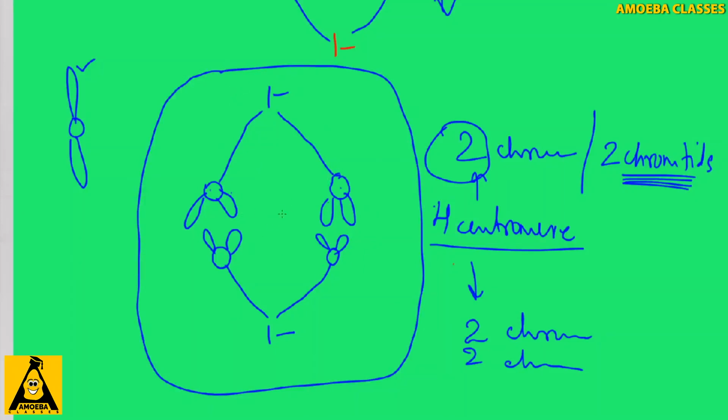So how many chromosomes are there? 1, 2, 3, 4. 4 chromosomes in total. And how many chromatids? 4 chromatids in total. Now see what specifically happens in this anaphase. This chromatid that is separated, we will call this same chromatid a chromosome.